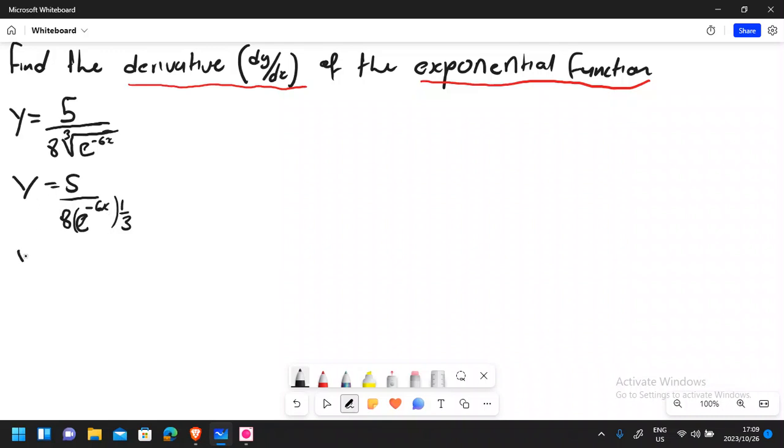So let's continue. We have y, which is going to be 5 over 8, and then we multiply by that 1/3. So we have e, and then we have negative 6x over 3 as our exponent. Now let's continue, guys.